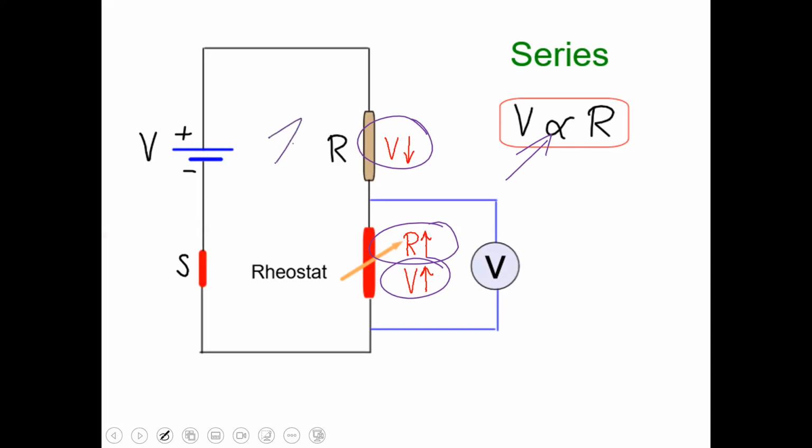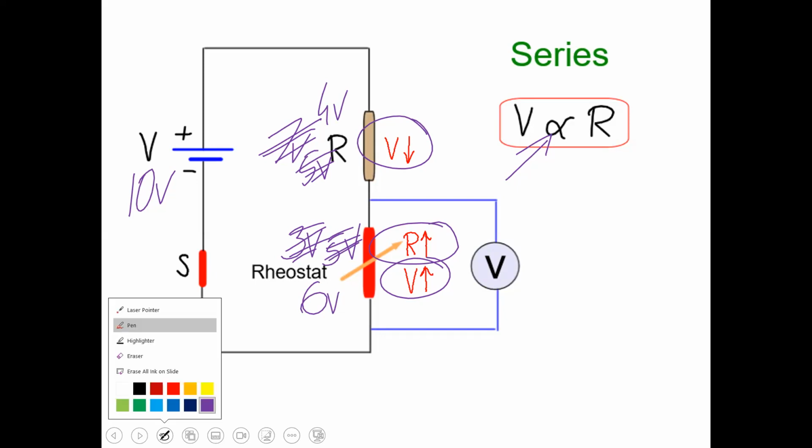If it is getting 7 volt, the total is 10. Suppose it will get 3 volt. If the 3 volt shifts to 5 volt, it will also shift to 5 volt. If it goes to 6 volt, it will shift to 4 volt. This is how a series circuit works. This is called compensator circuit.